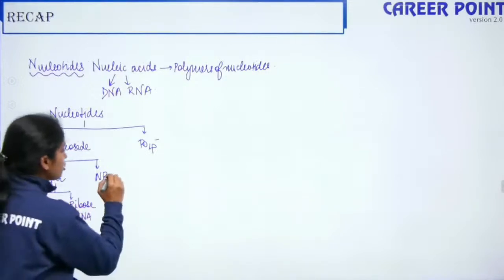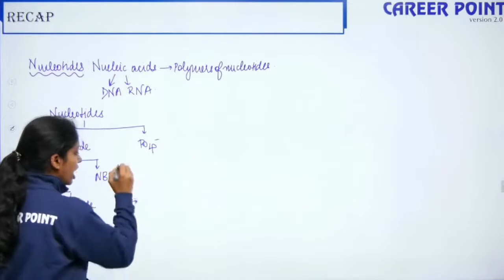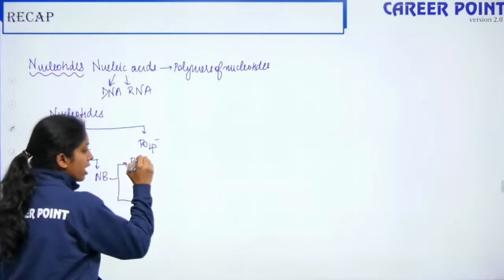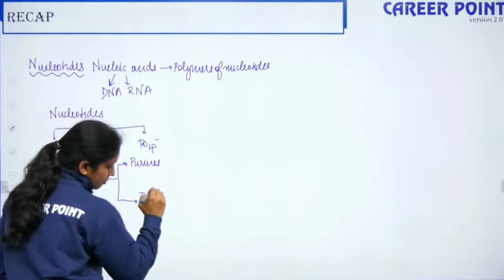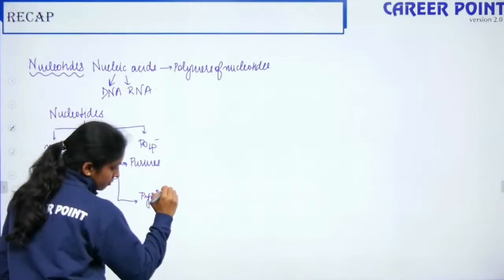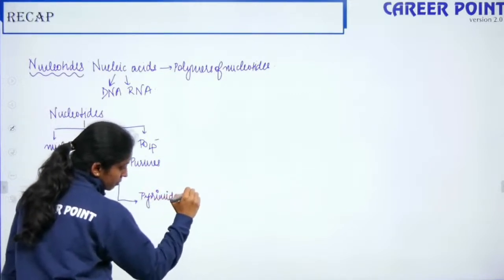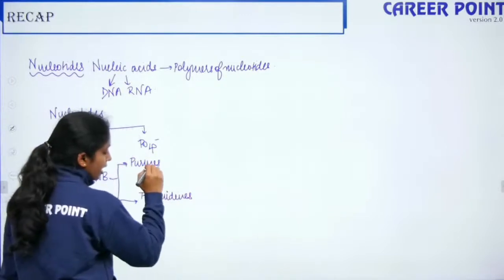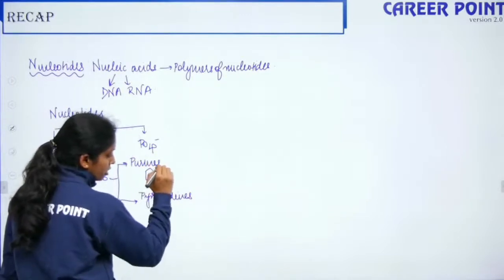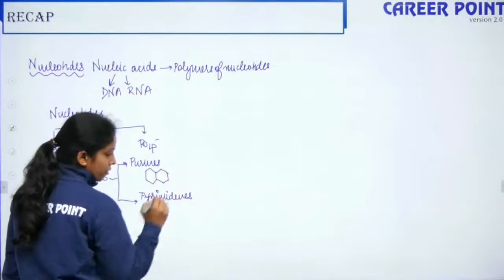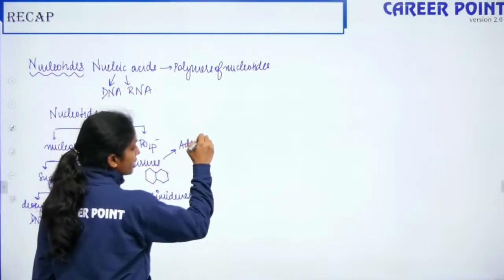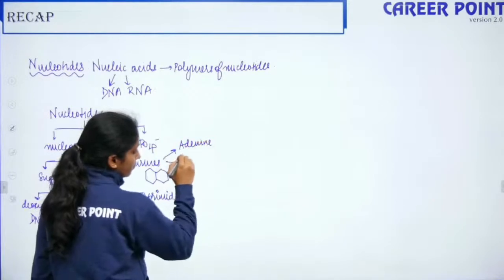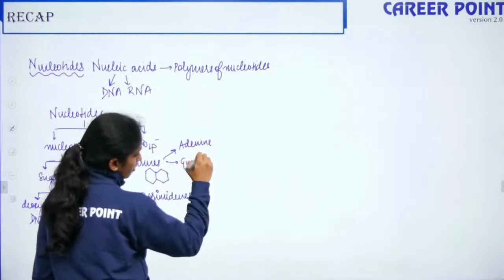Nitrogenous bases are further of two types. One is your purine and the other one is your pyrimidines. Purines are double ring structures like this. So who are the purines? You have two purines, that is adenine and guanine.